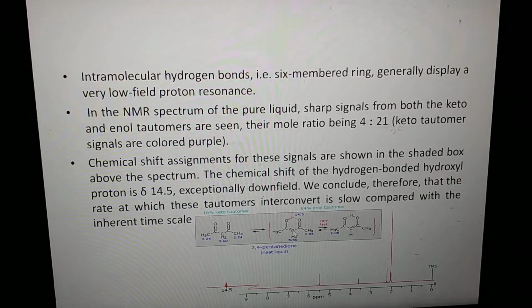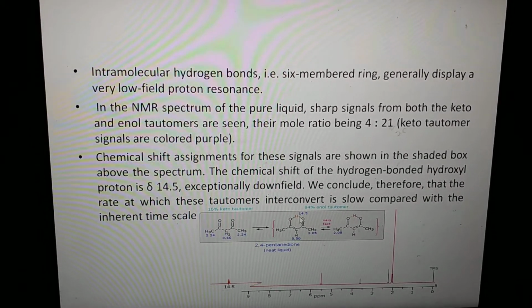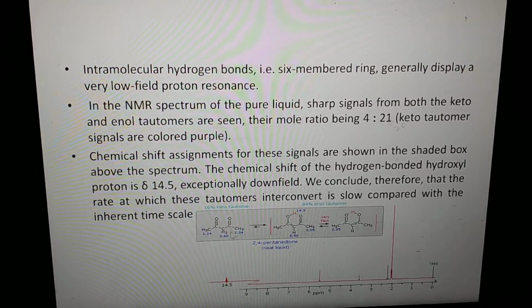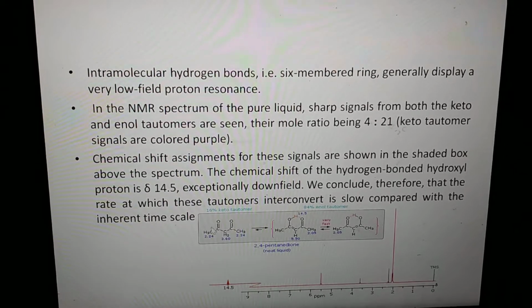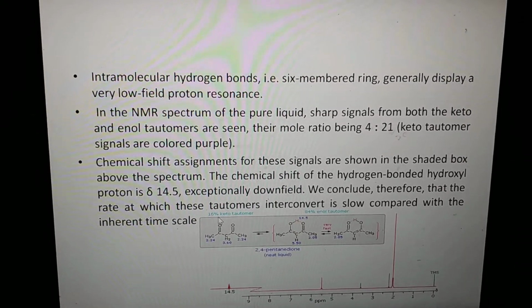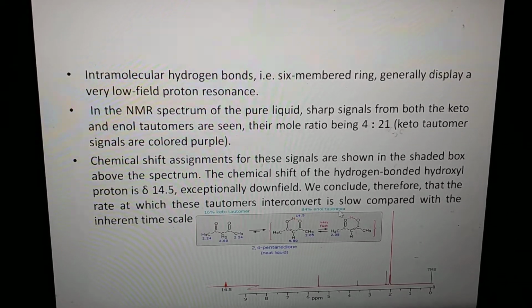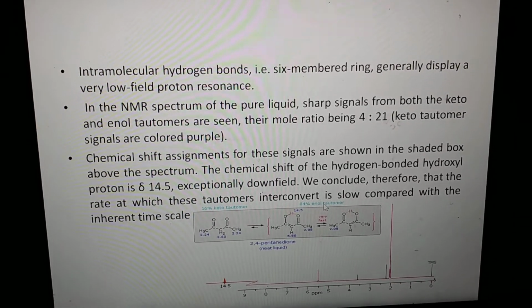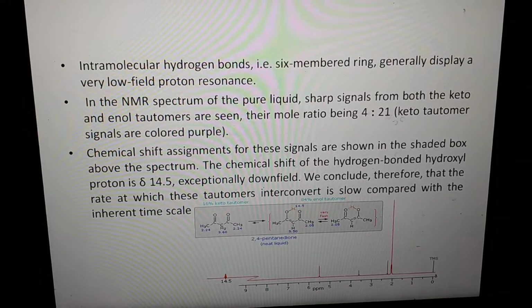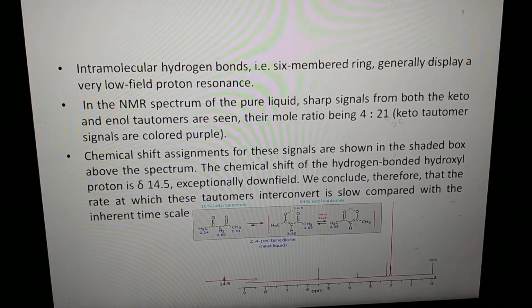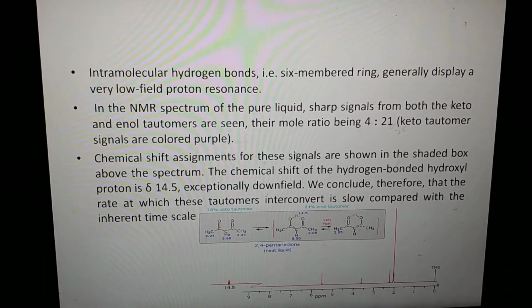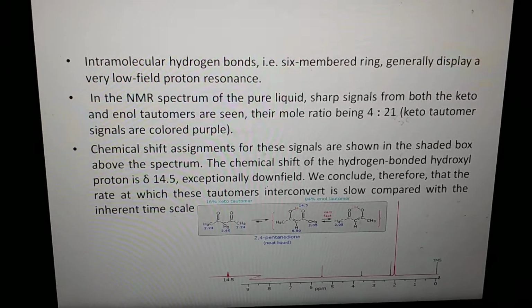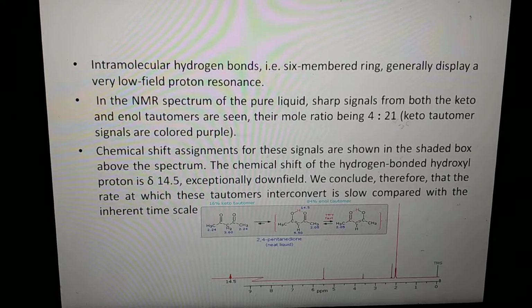In this, you can see this is actually keto-enol tautomerism, which is present in this molecule, and it exists as 16% keto tautomer and 84% enol tautomer. Suppose you are going to record the NMR spectrum of an organic compound. Your sample in the NMR tube exists like that.